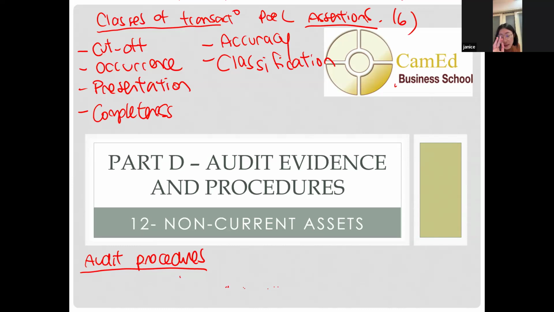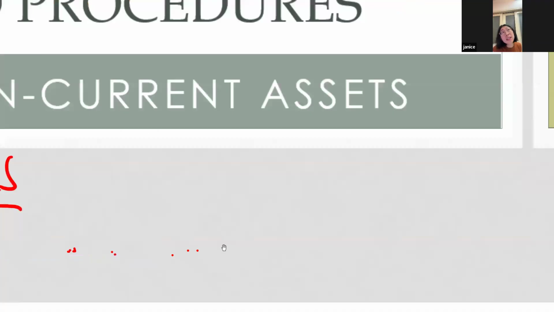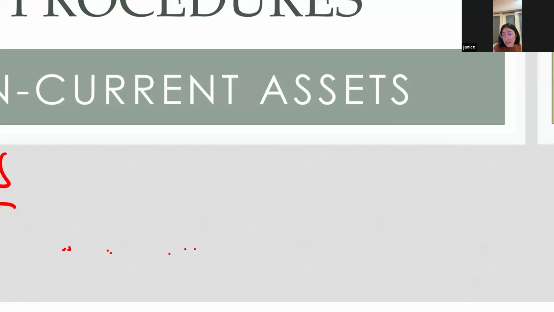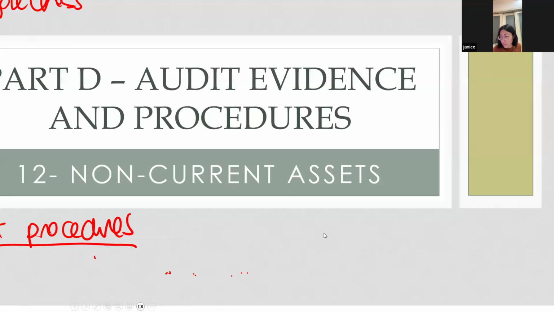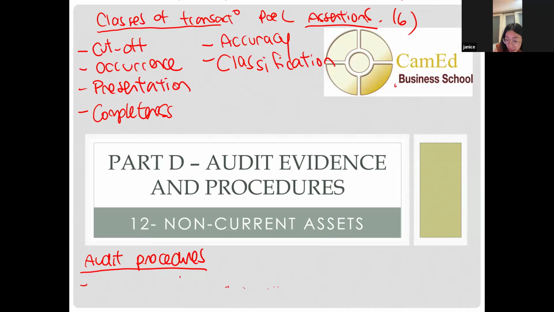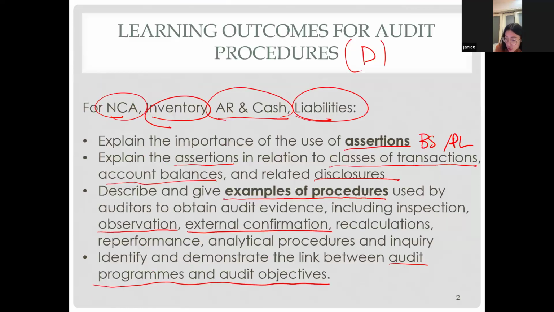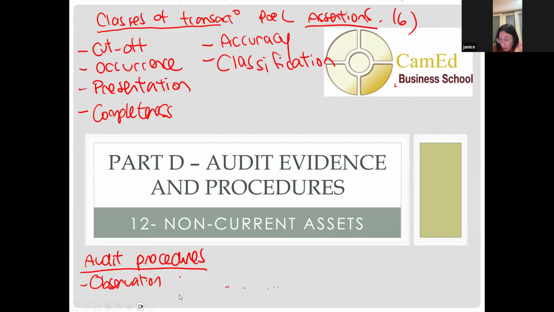Now, since I see there's a little bit of confusion, we're also going to learn about the audit procedures. If I remember well, there's 6 of them. Okay, so here we have observation. Observation, what else? Inspection.